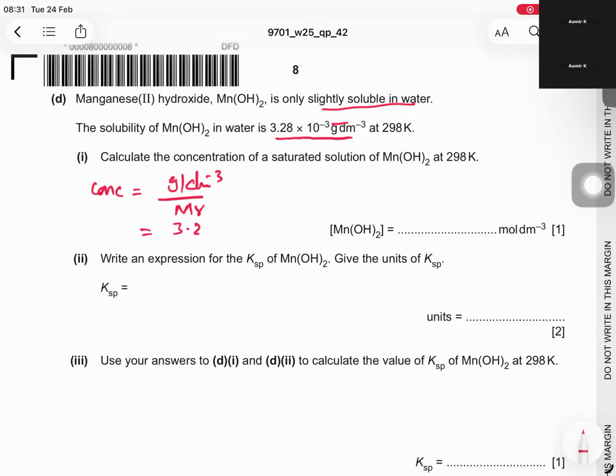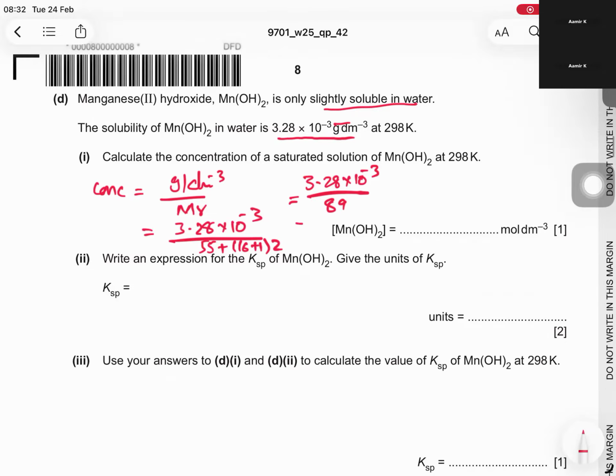So 3.28 times 10⁻³ divided by manganese hydroxide's Mr: 55 for manganese plus 16 plus 1 times 2, that is 89. So 3.28 times 10⁻³ divided by 89 gives you 3.69 times 10⁻⁵.